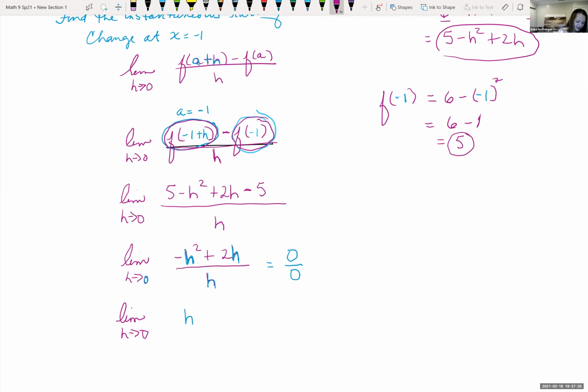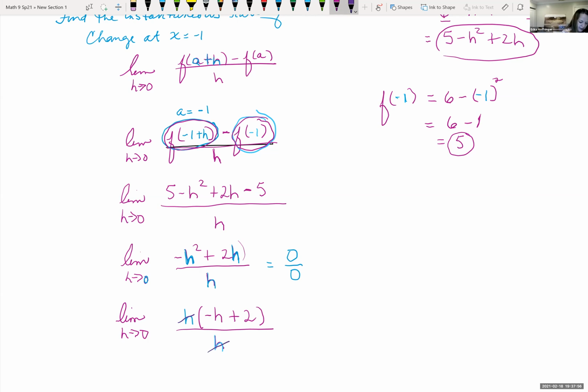So pulling out this h from -h squared, I would be left with a single -h plus, and then if I pull out an h from this 2h, then I'm left with just a 2. This is all over h. So notice we have like factors now in the numerator and denominator that we can cancel.